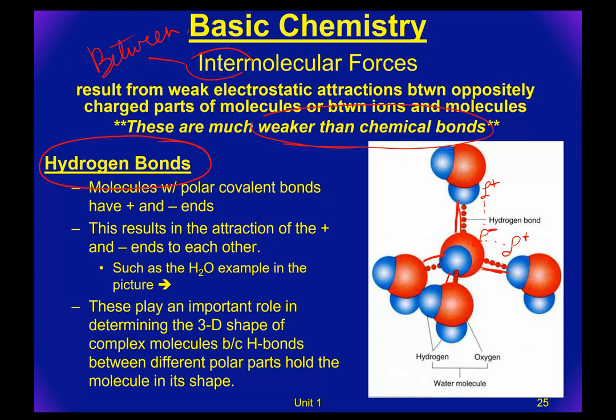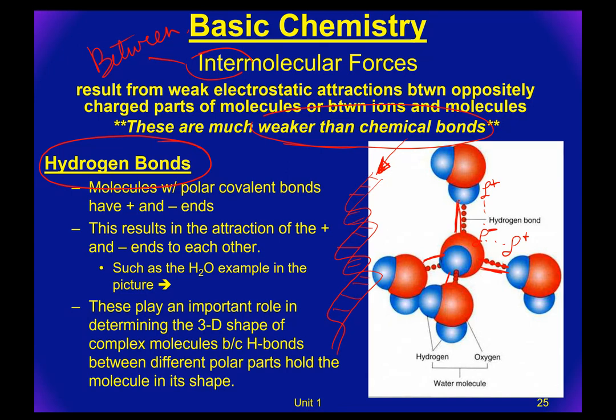As well, depending on what molecule you're talking about, they can cause it to fold the way that we need it to fold. So everybody knows the shape of DNA, right? That double helix, that twisted ladder that we see whenever we see DNA. Those bonds in between those two sides of the ladder are actually hydrogen bonds. Those are the bonds that are holding this DNA together.